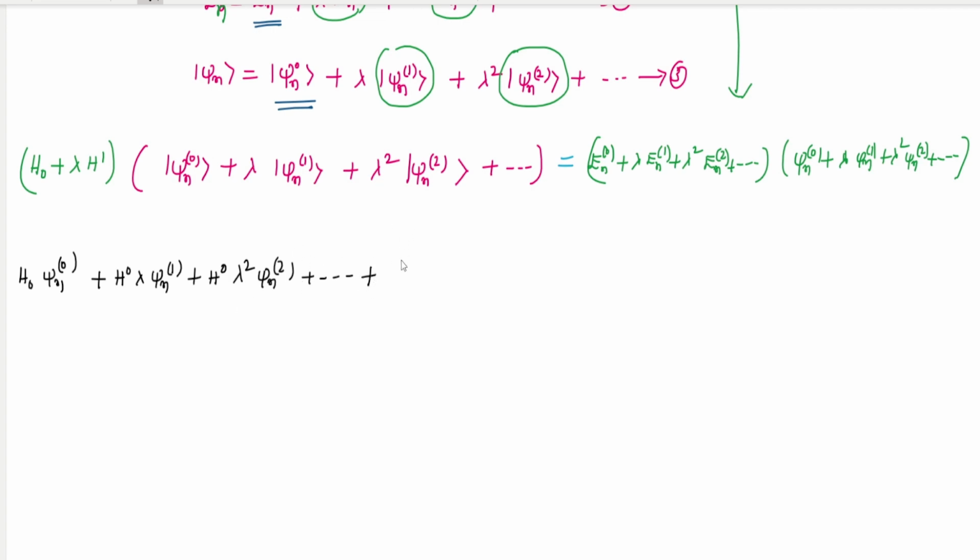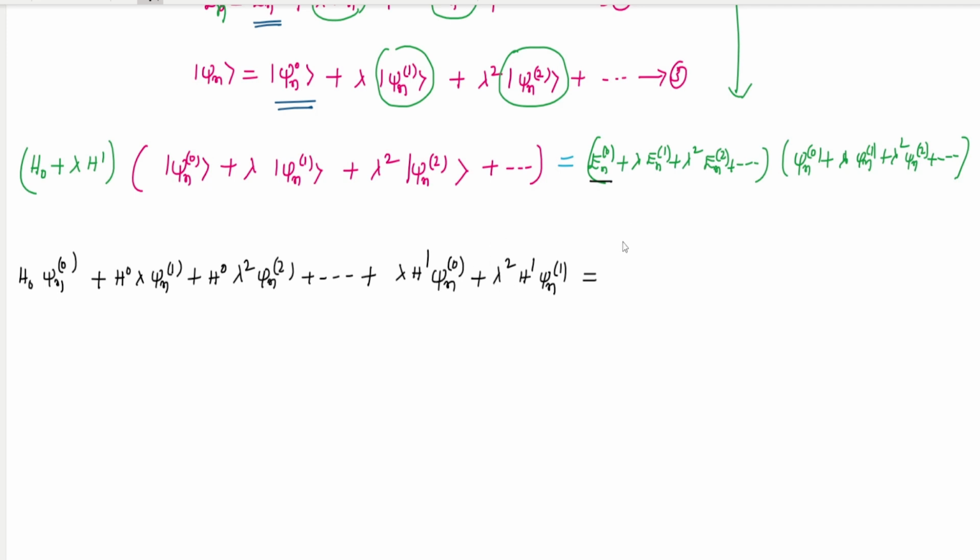Plus lambda H prime psi n of 0 plus lambda square H prime psi n of 1. Here also I'm going to consider up to the second order term.